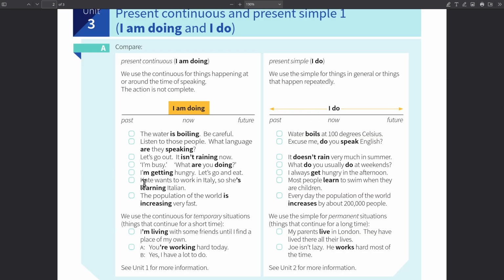Kate wants to work in Italy, so she's learning Italian. She's learning Italian, right? So Kate wants to go to Italy, okay? That's something that's true. So because Kate wants to work in Italy, she's learning Italian. Right now she's learning.